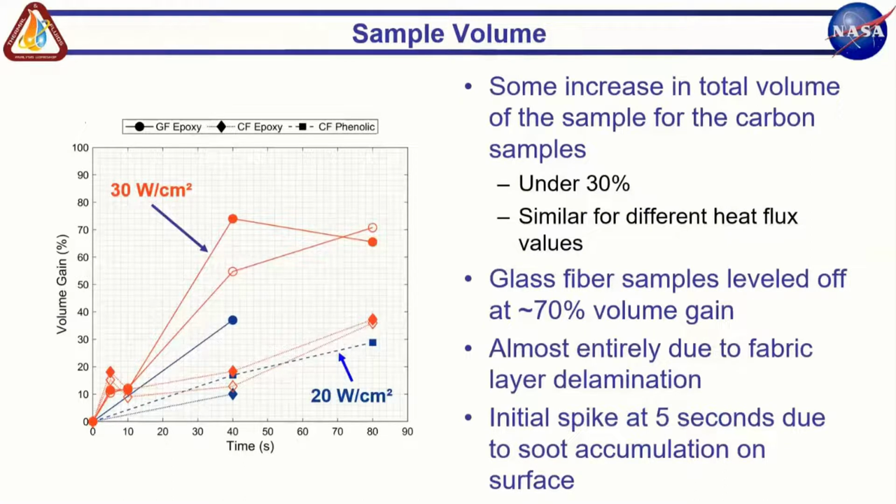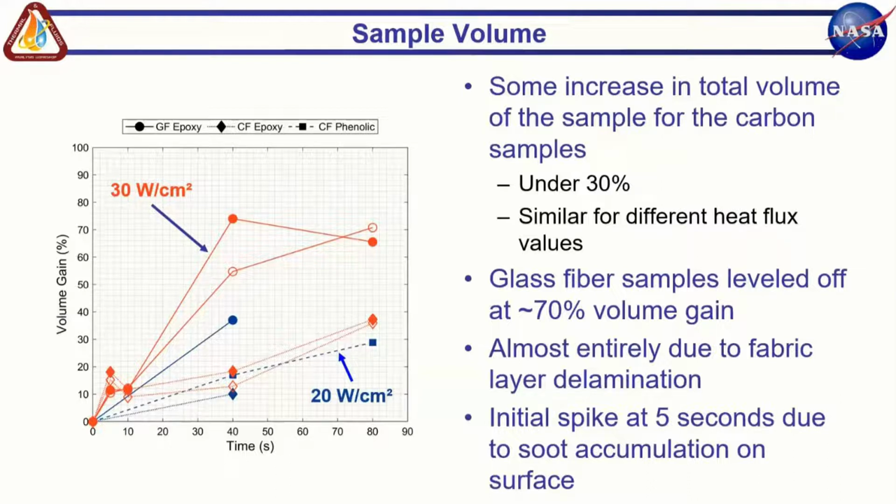We can also get the overall increase in volume of the whole sample over time. The carbon fiber samples increased in volume a little bit, up to about 35%. I know it says under 30% on there. That's a typo.